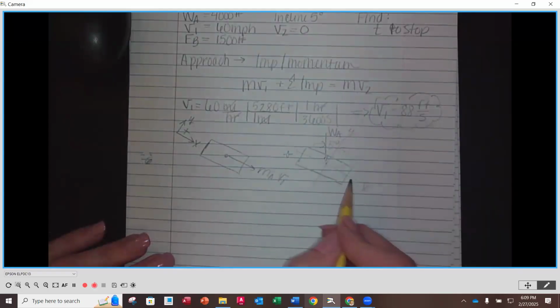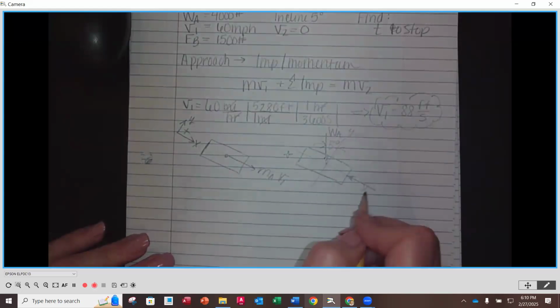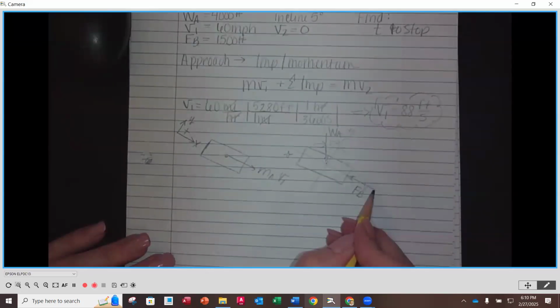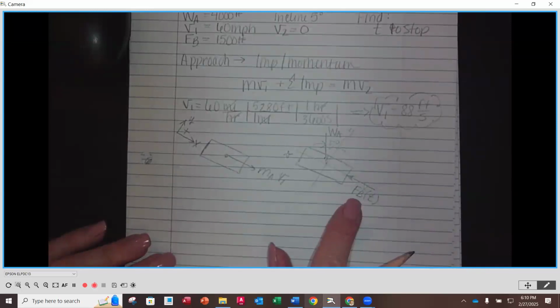Now, you'll also notice that going in this direction, I'm going to go over the top of my X. This is going to be the braking force. So it's moving down the incline. The braking force is going opposite that. And it is going to act for an amount of time, right? To bring everything to a stop. So this is the braking force times the time.